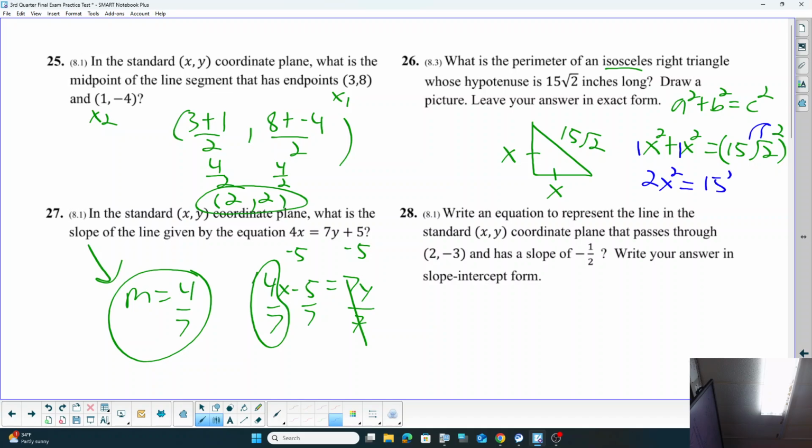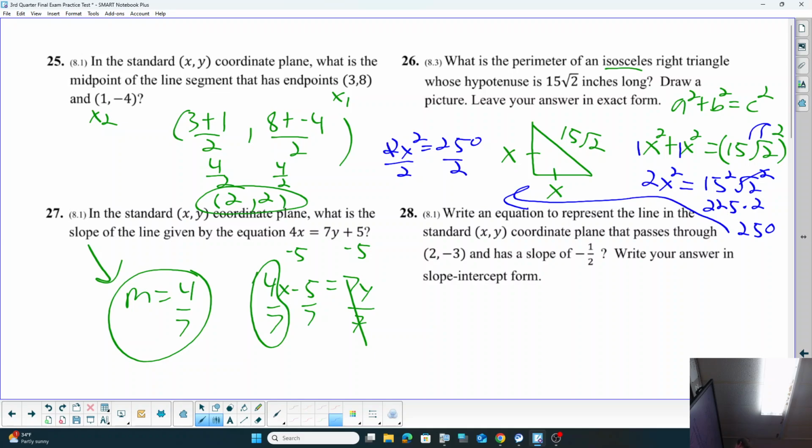And then 15 squared radical 2 squared. You do have to distribute that 2 to both the 15 and the radical 2. And so we get 15 times 15 is 225. Times, that cancels, so times 2. So that's 450. So now we have 2x squared is equal to 450. And we're going to divide by 2.